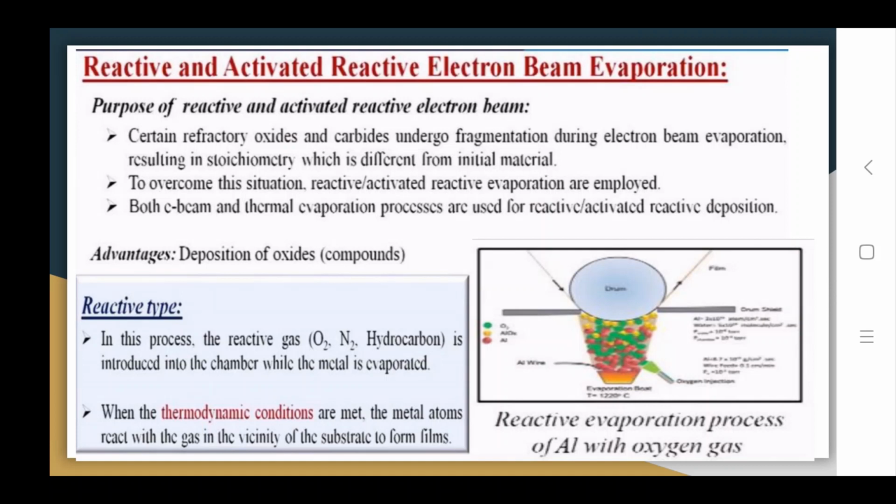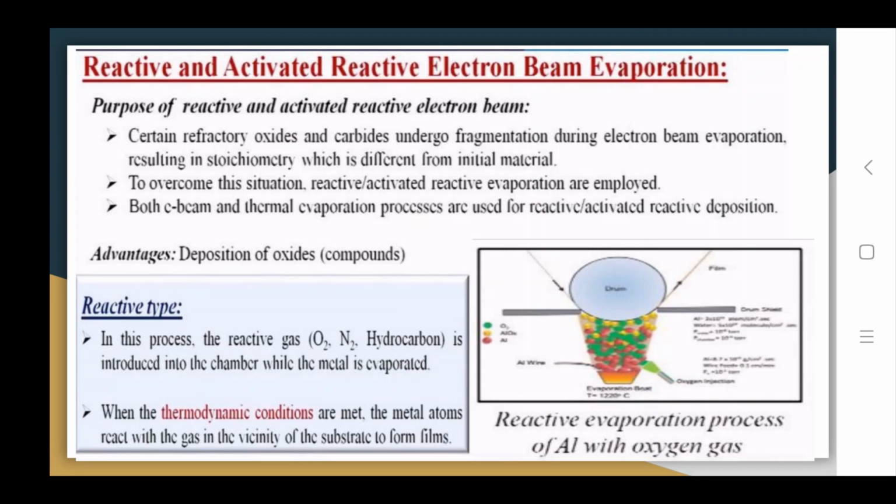So here we are using the gas as well as the atoms together to do the coating onto the substrate. Actually we are using, for example, aluminum, where we are using oxygen gas. So it is making aluminum oxide, that is Al2O3.